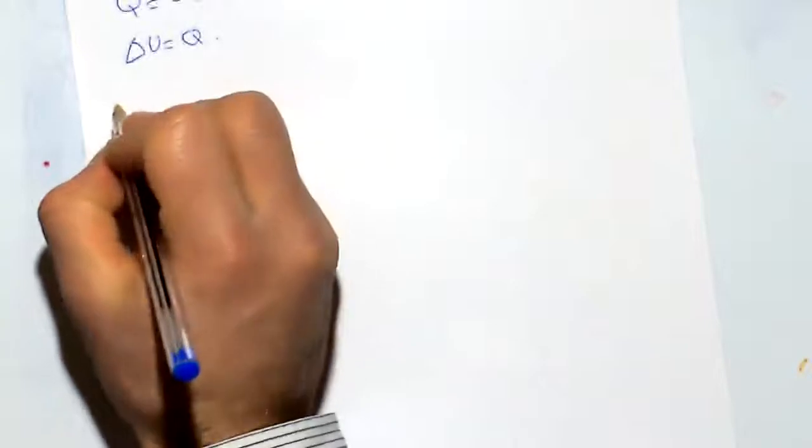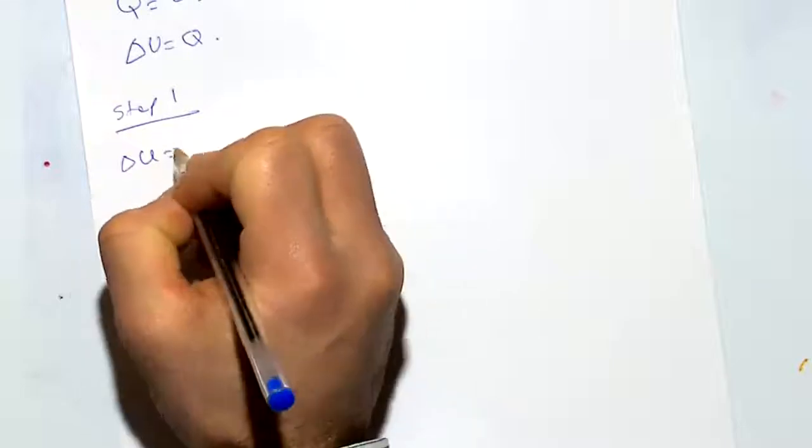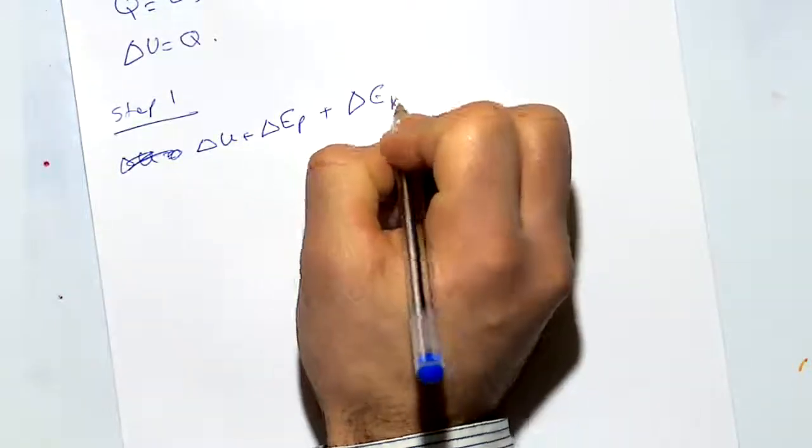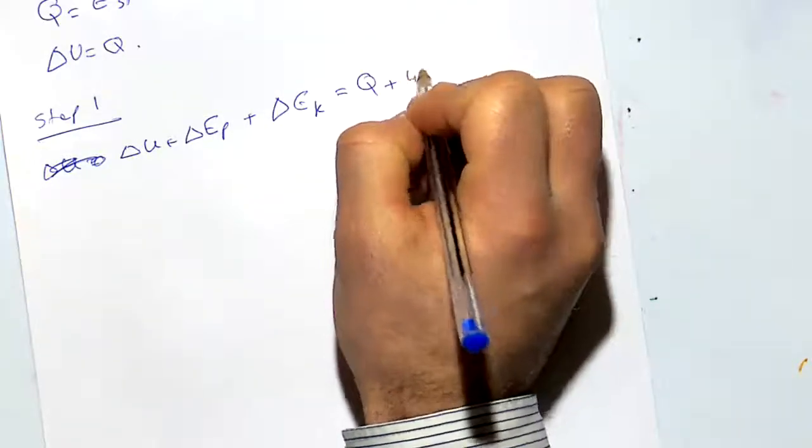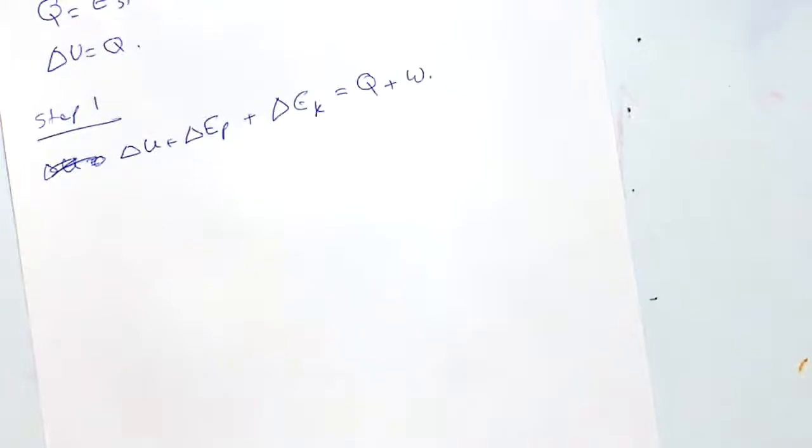The first step is step 1. Delta U plus delta E potential plus delta E kinetic equals Q plus W. We deliberately make sure that there is no heat exchange, and while the bag is lowered into the container, it is insulated from the environment, and there is no process that would cause heat exchange.